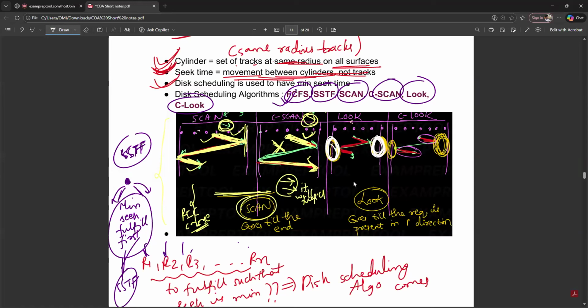LOOK goes till the request is present in one direction, right? Until the request is present, only until there will it go. It won't go till the end, not all the time.